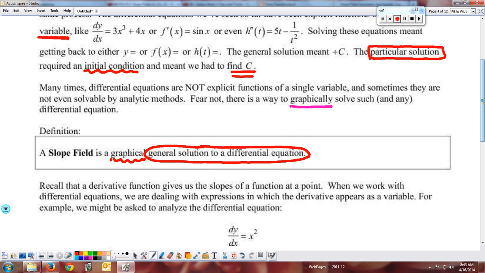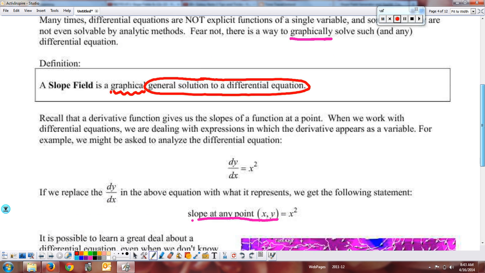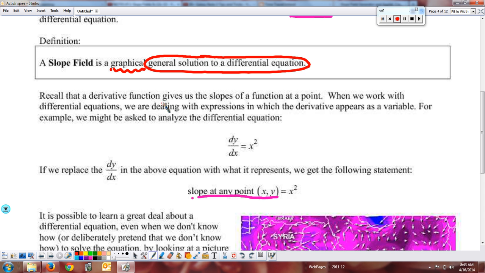Now, for example, if I have a derivative function like dy/dx = x², what I'm basically giving you, when you say dy/dx, you have to remember that that's nothing more than the slope at any point (x, y). So I can pretty much plug and chug, at every single point in the Cartesian plane, which is very tedious, plugging in the coordinates of the point and calculating the slope at that point.